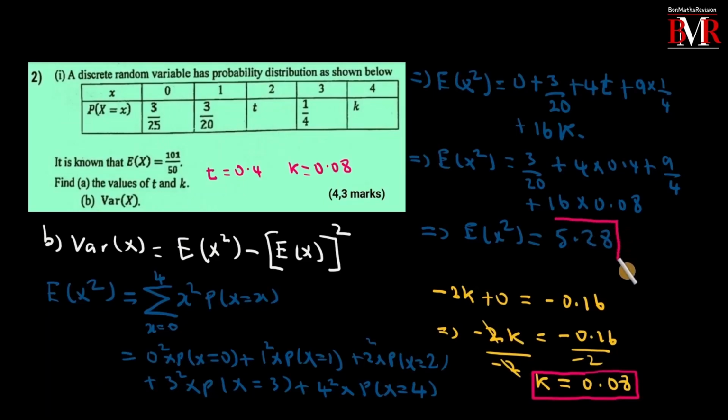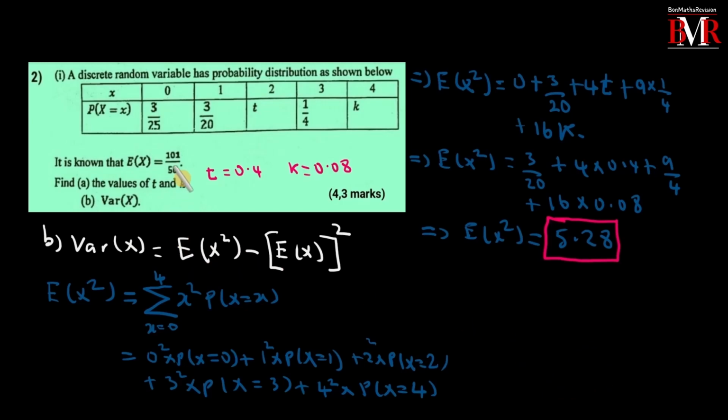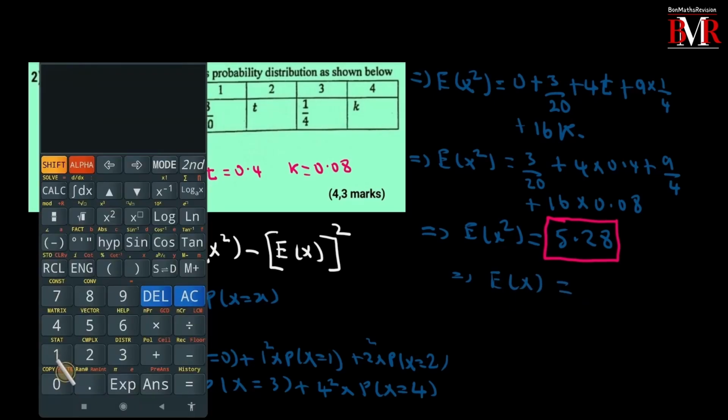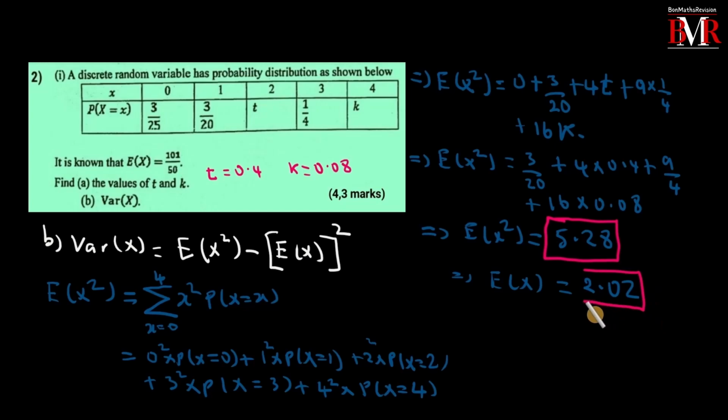Now I need to look for the variance, but you know that E(X) is 101 over 50. That is, E(X) is 101 divided by 50, which is 2.02. Now E(X) is 2.02 and E(X squared) is 5.28. Now I need to substitute in this formula of the variance. That means Var(X) is equal to E(X squared), which is 5.28, minus E(X) all squared, that is 2.02 all squared.